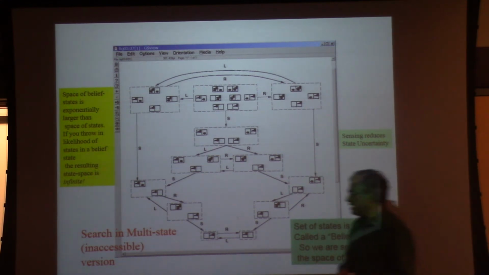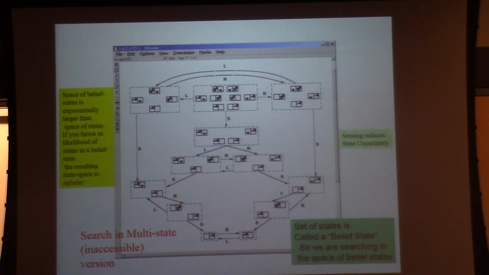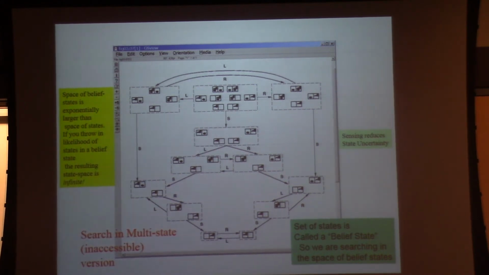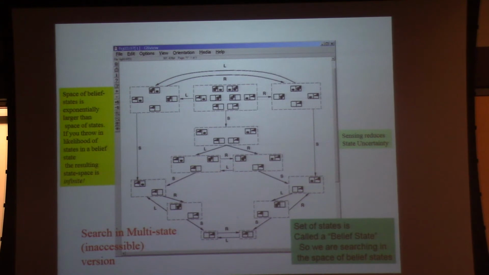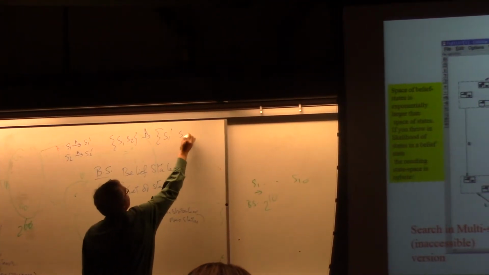And that's not surprising because the actions are still deterministic. Imagine S1, if I do A, I get to S1 dash. S2, if I do A, I get to S2 dash. Then if I am in belief state S1, S2, which means I'm in either S1 or S2, but not both, and then I do action A, I'll get to a belief state S1 dash, S2 dash.